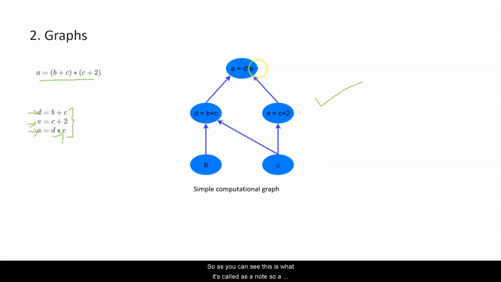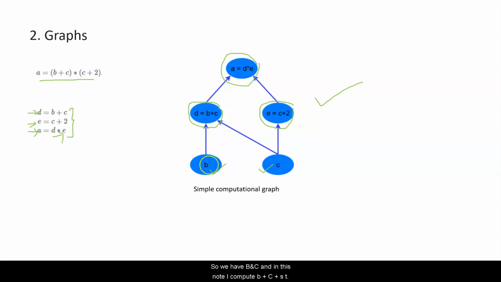So as you can see, this is what is called a node. A node represents an operation. And B and C are nothing but the inputs, so we can call them a variable or a value or a tensor.